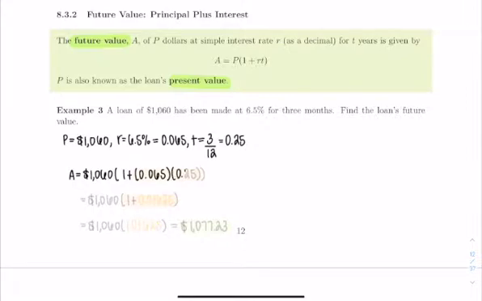I'm going to use the decimal to make things easier to calculate. We want to follow order of operations. The first thing we need to simplify is the multiplication inside our parentheses. 0.065 times 0.25 gives me 0.01625.